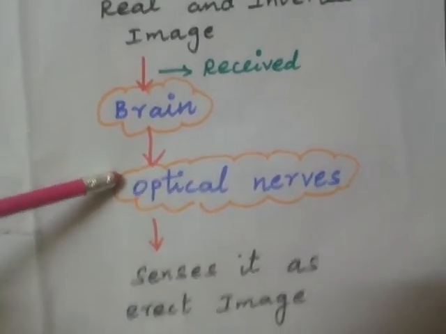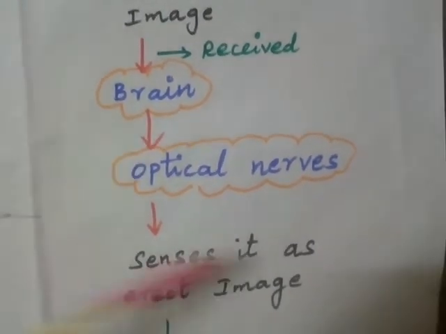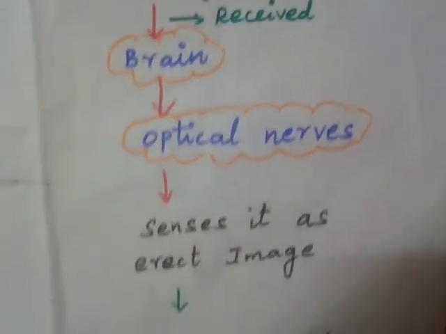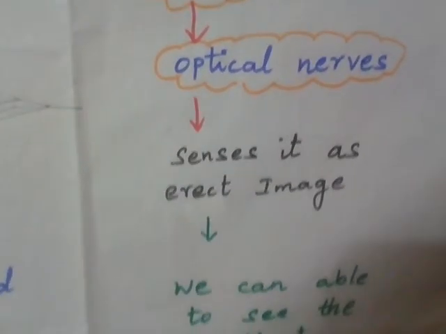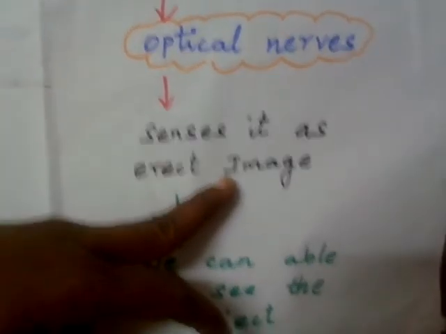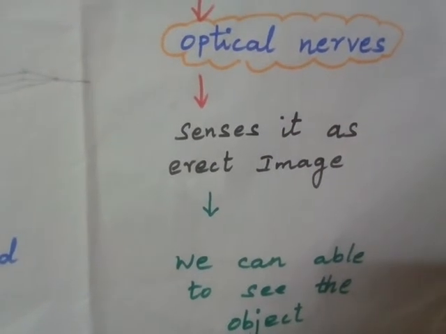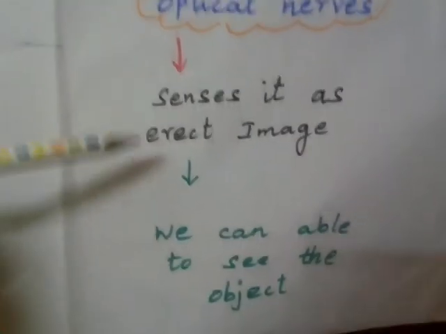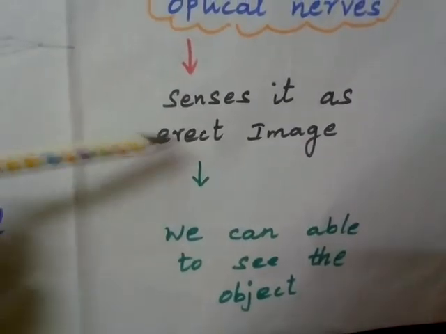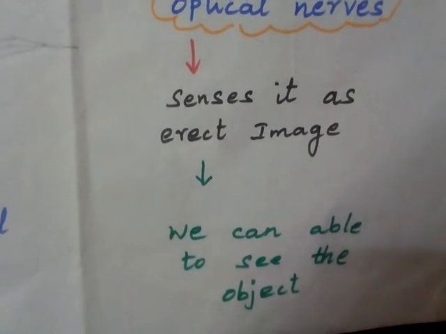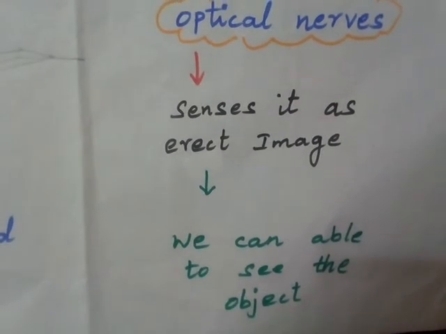Then the optical nerves send it as an erect image. What is an erect image? The nature of the image is the same as that of the object, the original image. That is an erect image. So we are able to see the object.